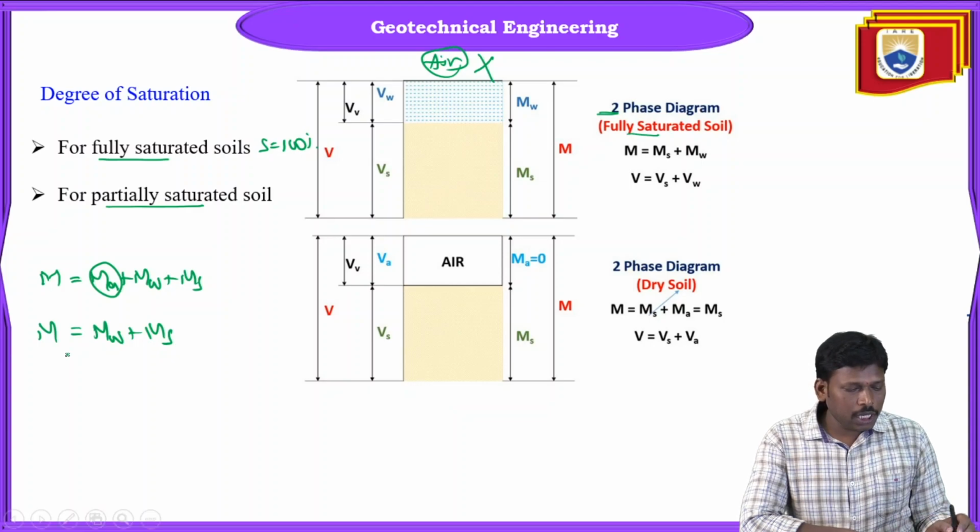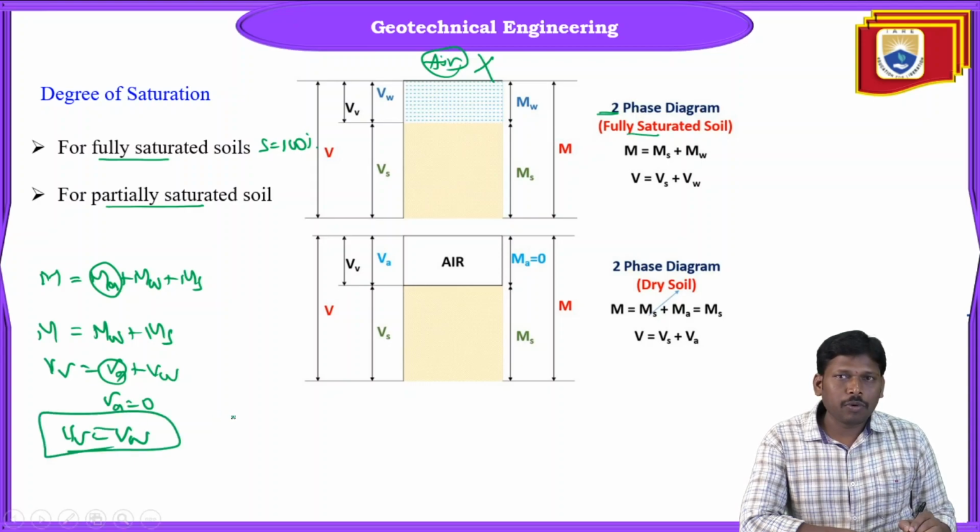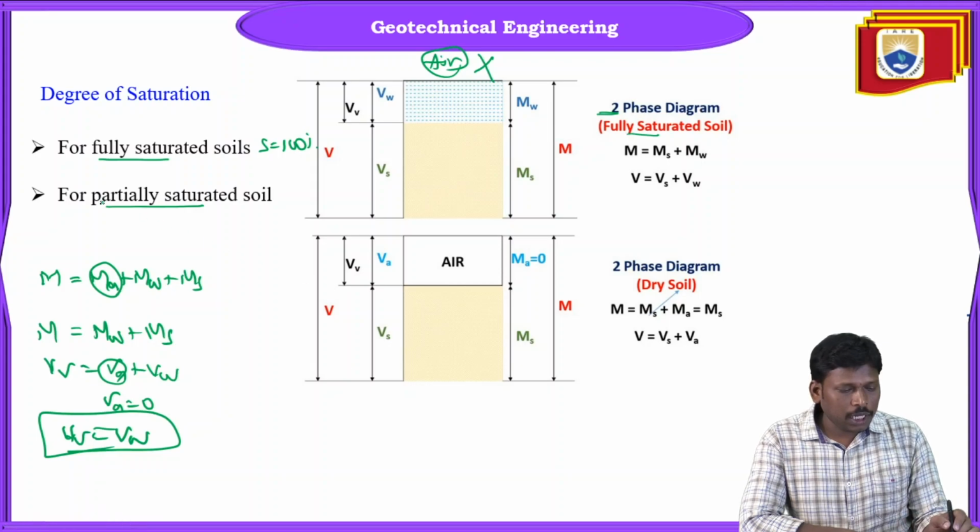In terms of volume of voids, we said volume of voids is equal to volume of air plus volume of water. Here, because the degree of saturation is 100%, the volume of air becomes 0, and the volume of voids becomes only volume of water.